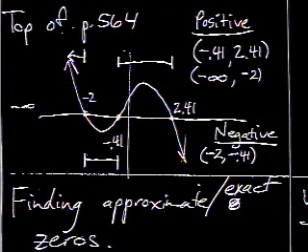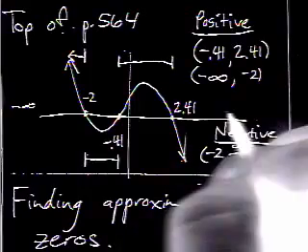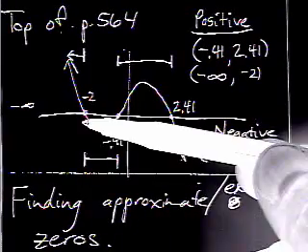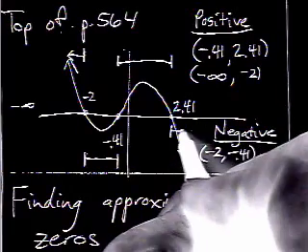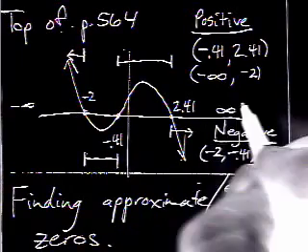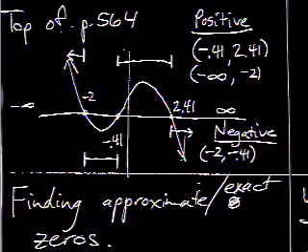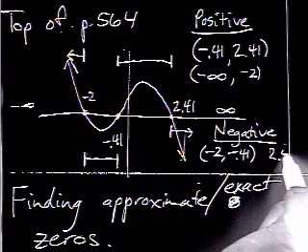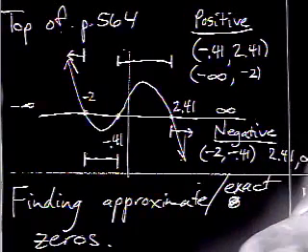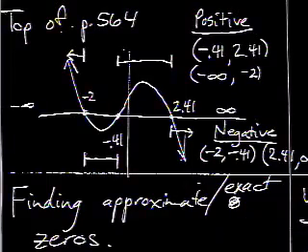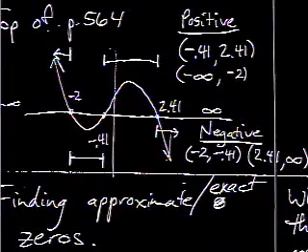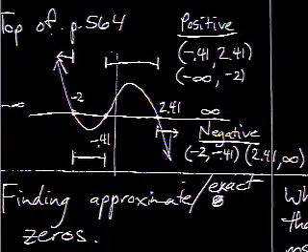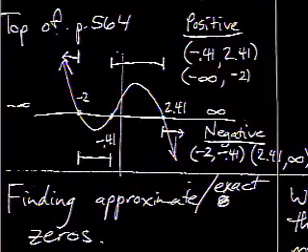You definitely can't include infinity or -infinity. Now, the negative interval happens from here to here, but it also happens 2.41 to the right. And the only thing out there is infinity, right? So from 2.41 to positive infinity, we're talking about another negative interval where all the y values are negative.